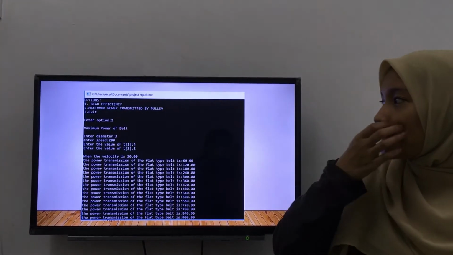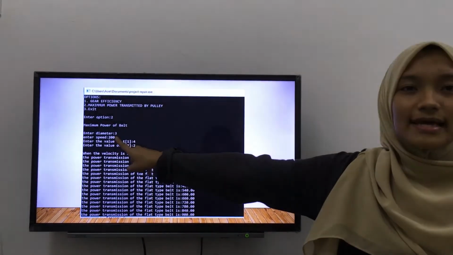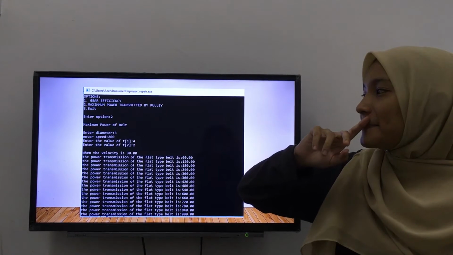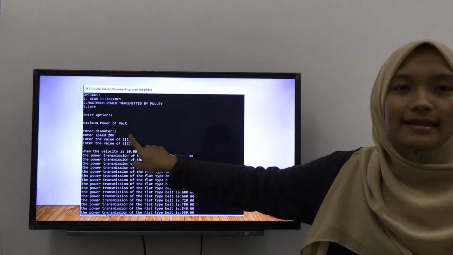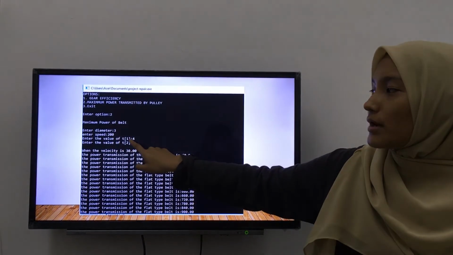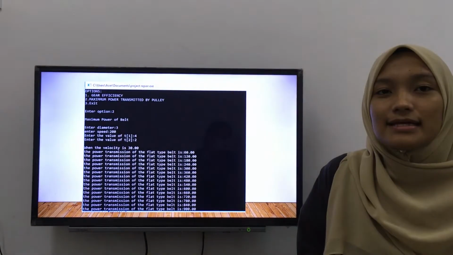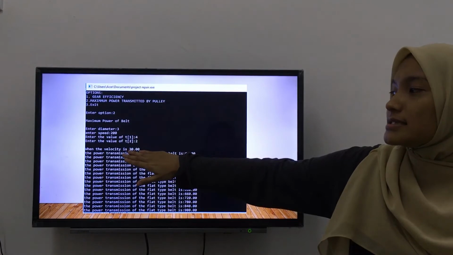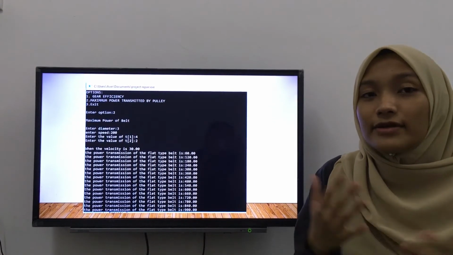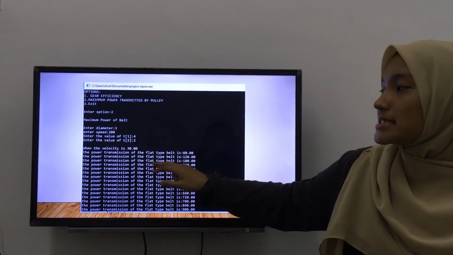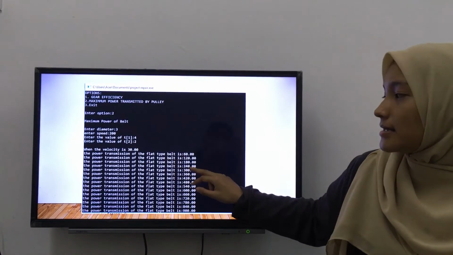As the output, when the user enters the diameter and the speed, it will loop at the top where we have two torques. It will calculate using the formula, and we got the velocity of 13. But after we found the velocity, we must find the power transmission of the flat type belt.